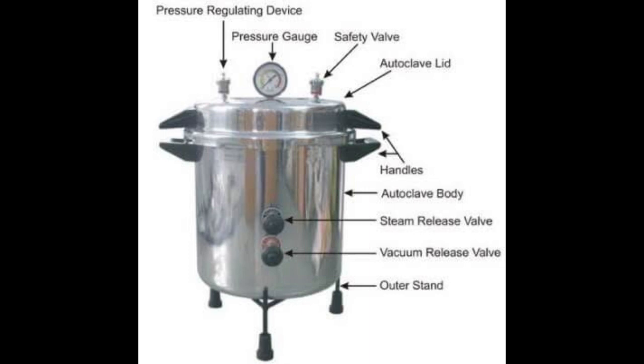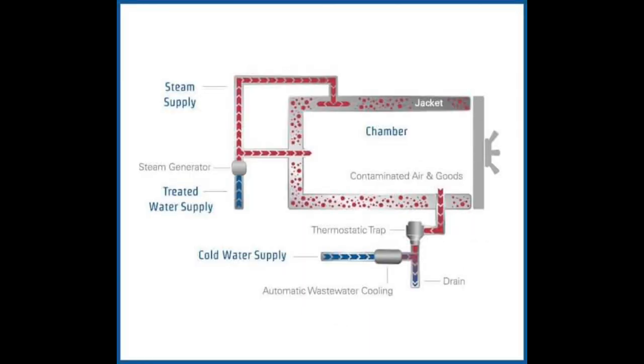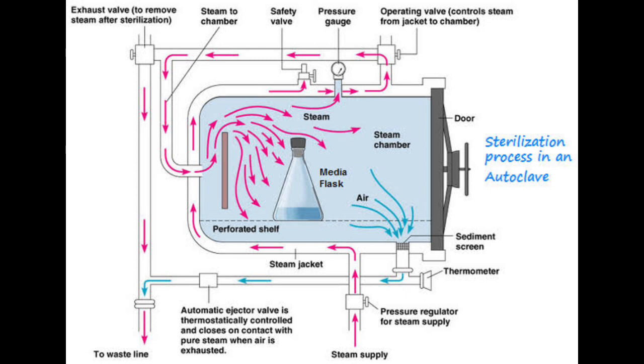so that you can use it afterwards. For that purpose we use an autoclave. Mostly we use an autoclave. We can use a hot air oven, but most of the time we use an autoclave. The reason is that an autoclave has a high temperature, 121 degrees centigrade. But the most important thing is that it creates pressure with the help of water vapors, and that pressure helps in killing most of the spores and bacteria.